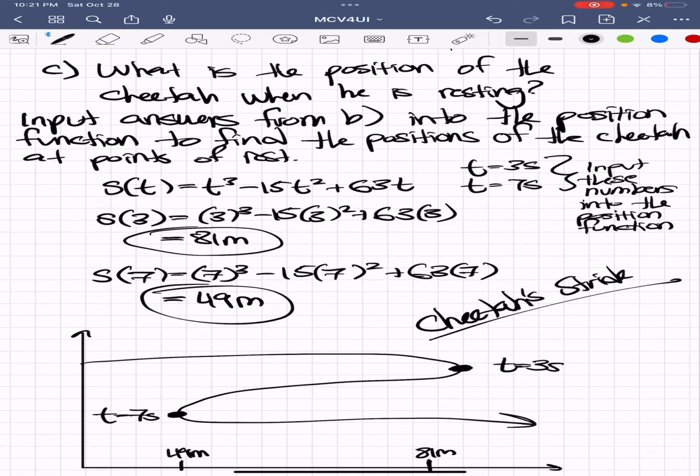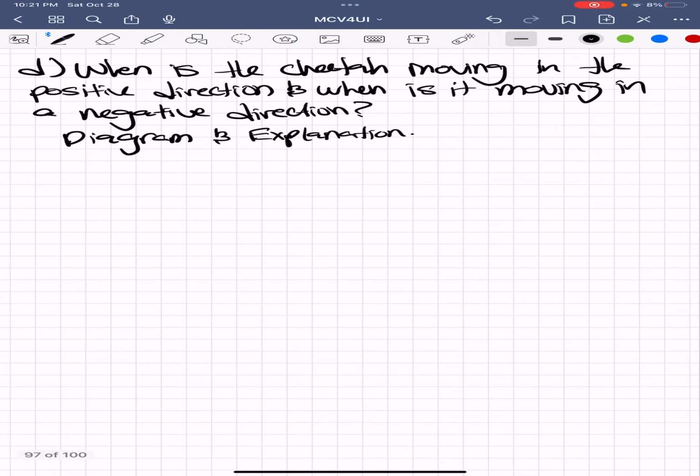So, when is the cheetah moving in a positive direction and when is it moving in a negative direction? So we're going to do a diagram and we're going to explain.